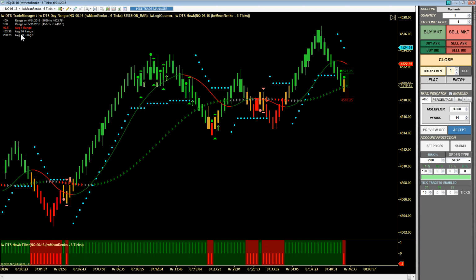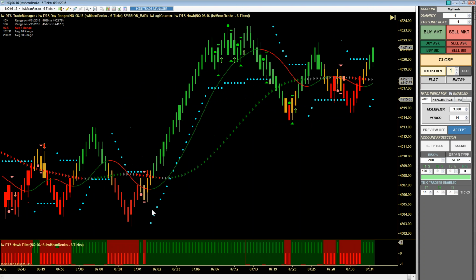So for instance, we know that the market is contracting a little bit. Our typical range seems that it should be around 100, anywhere from 100 to maybe 150 ticks. So let's say you're going to say, well, I'll take 10% of that as a profit target, or maybe 20% as a profit target. So that means you're going to have a 30-tick target.